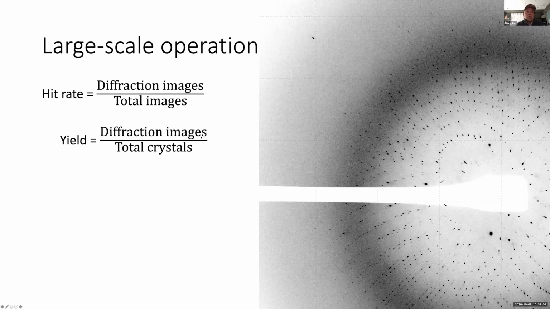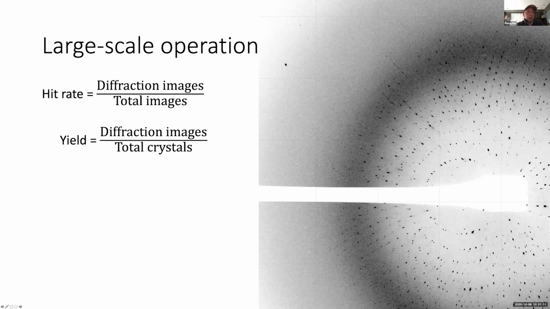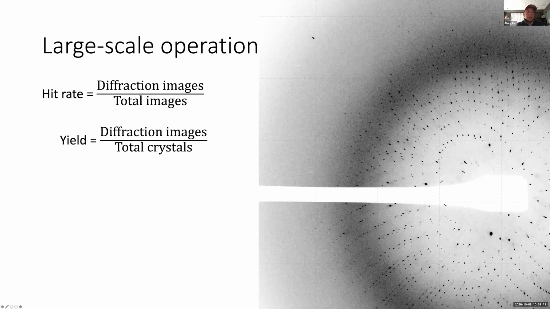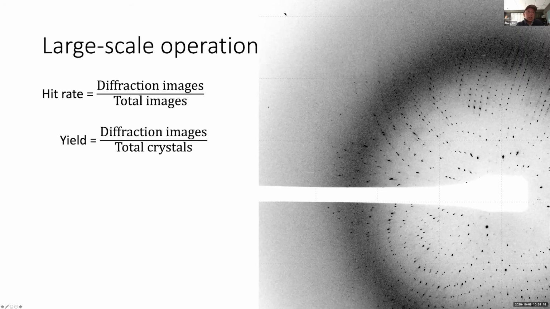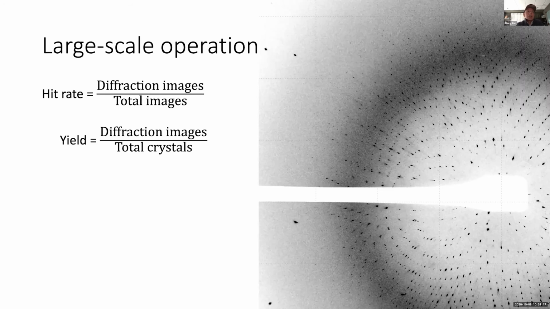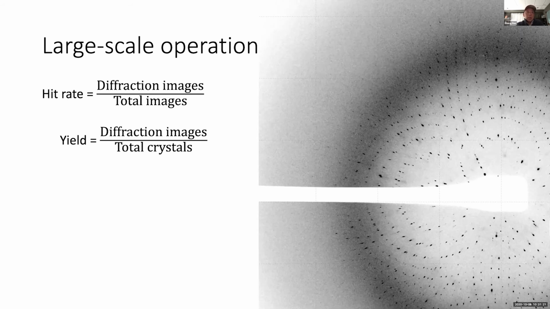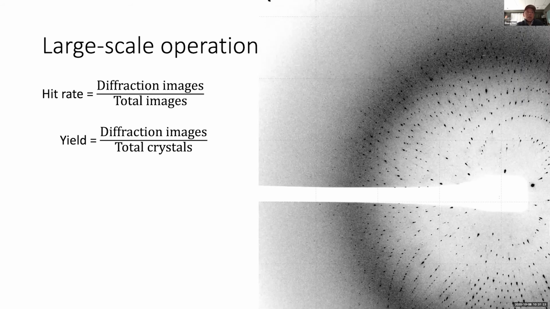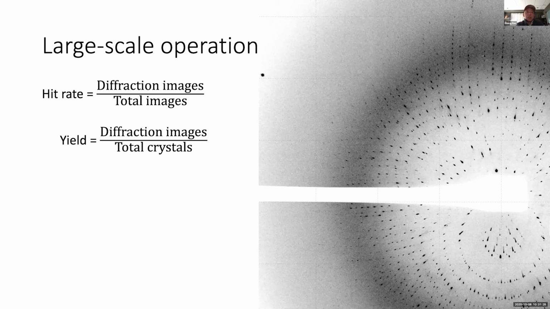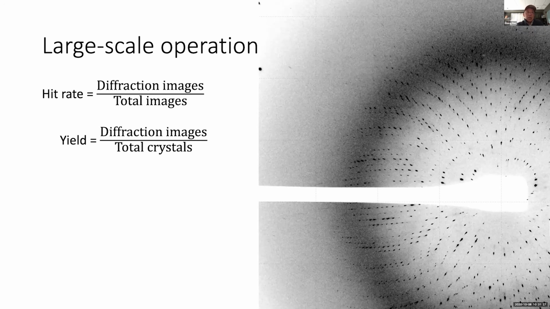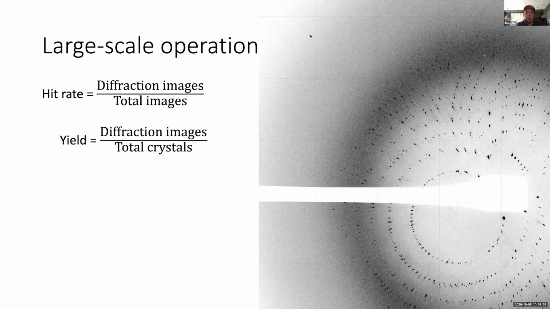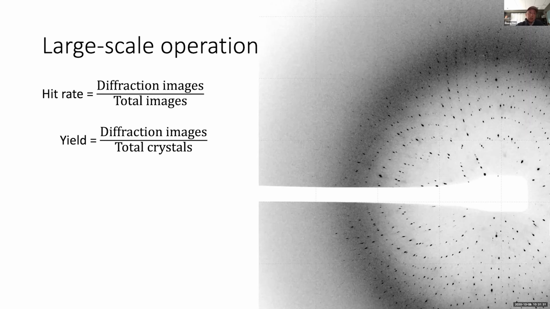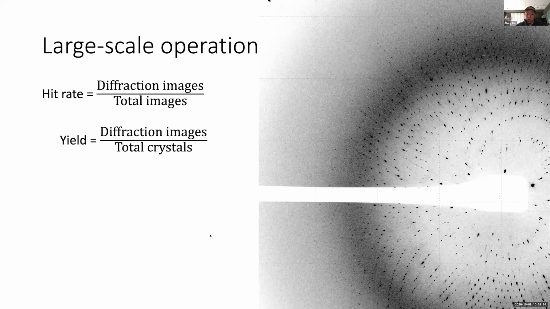Maybe both metrics need to be evaluated. That is, out of how many crystals you grow and prepare, what is the fraction of all the crystals that you prepared that actually contribute to a diffraction signal? That is called the yield. And the yield is very often used in agriculture and fishery.